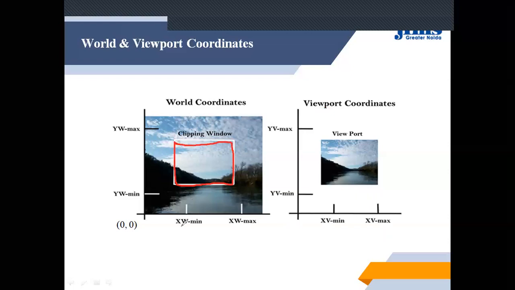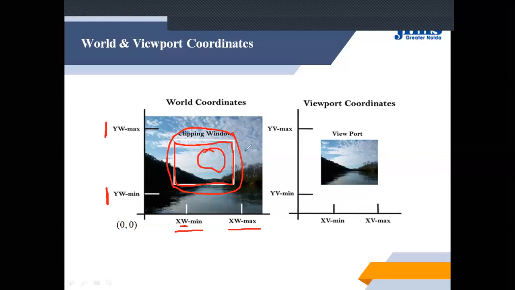This is xw, meaning original window minimum coordinate on x-axis, window maximum coordinate on x-axis, window minimum coordinate on y-axis, and this is the window maximum coordinate on y-axis. So this is the size by which we can define the size of the window, and whatever image is inside this represents the window image.